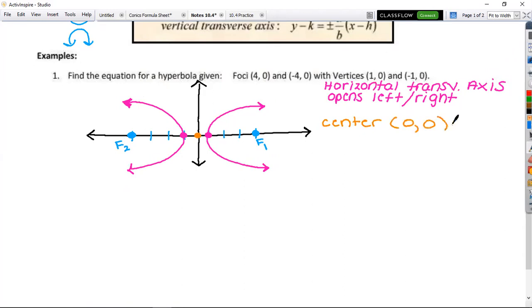We also established that we have a horizontal transverse axis and we have to generate the equation. So it's going to look like this. It's going to be this one: x minus h squared over a squared minus, instead, y minus k squared over b squared equal to 1.